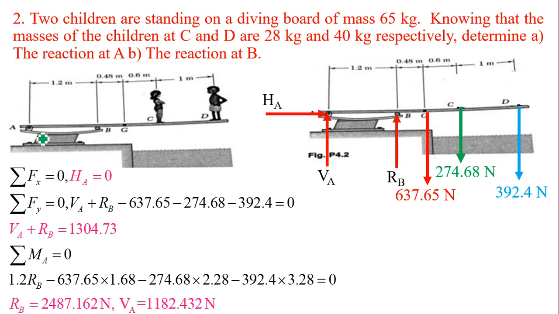At point A, it is a hinge support, so two unknown reactions, HA and VA. At point B, roller support, so one unknown reaction, RB.